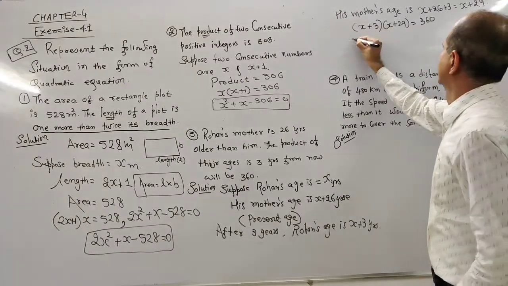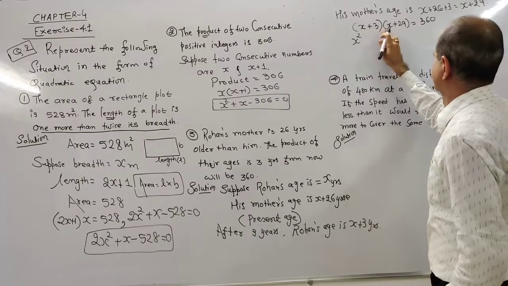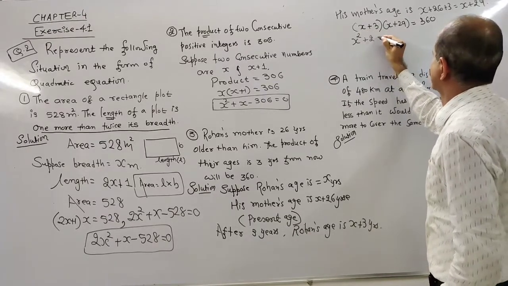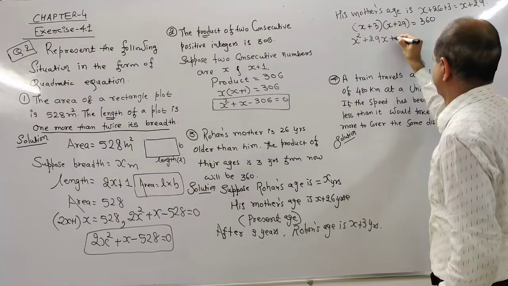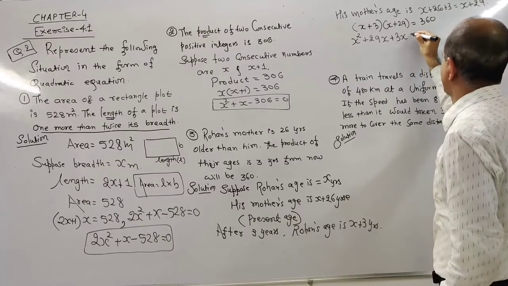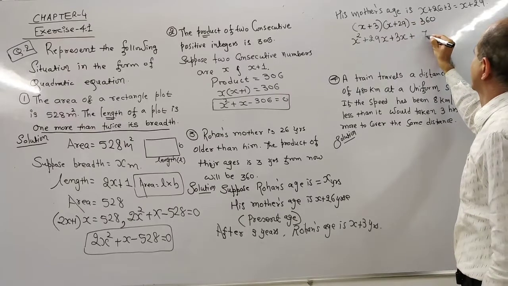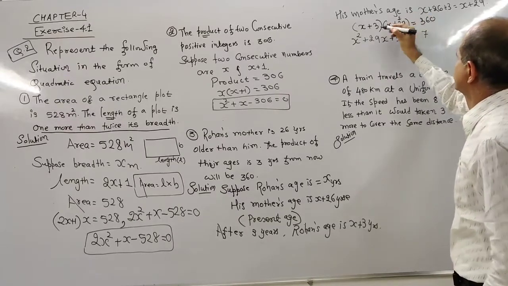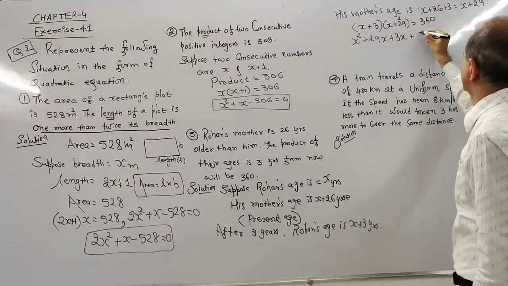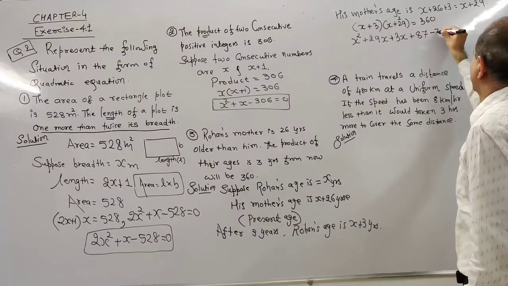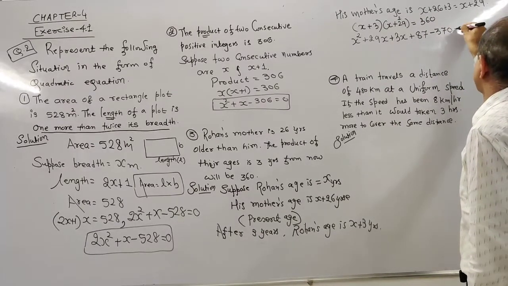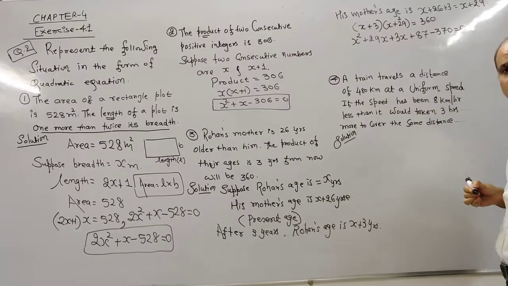Now multiply it. x square plus 29x plus 3x plus 87, then minus 360 is equal to 0.